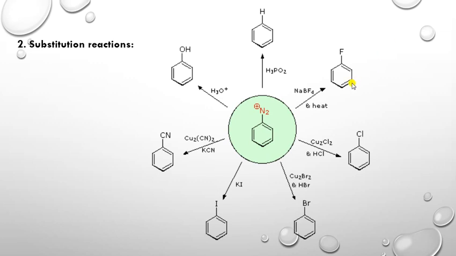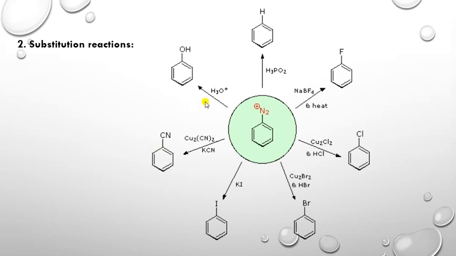If you need fluorobenzene, you can use NaBF4 with the diazonium salt to get fluorobenzene, and also chlorobenzene, bromobenzene, iodobenzene, and cyanobenzene.